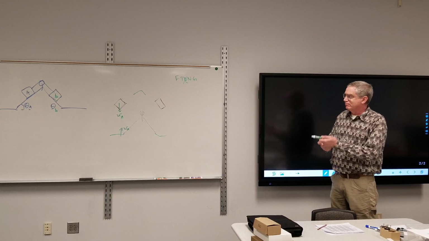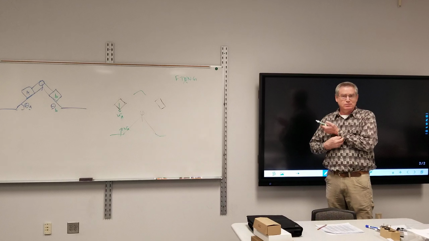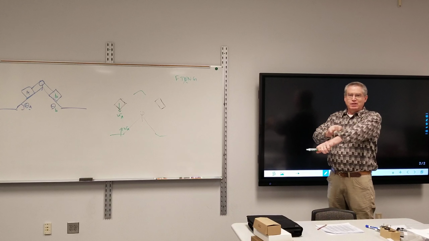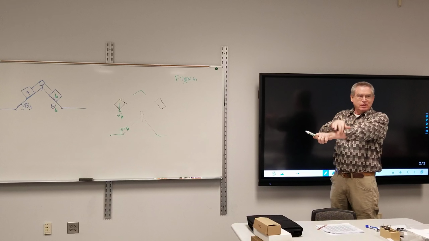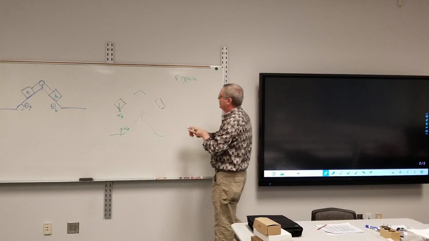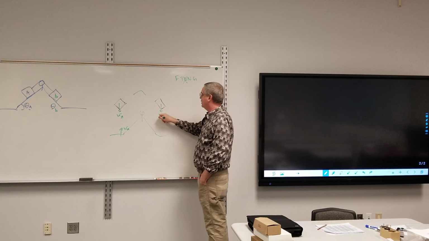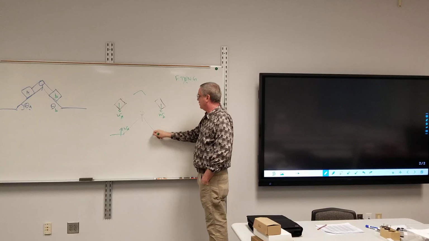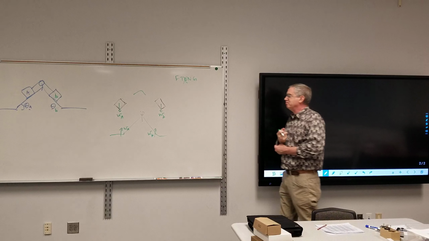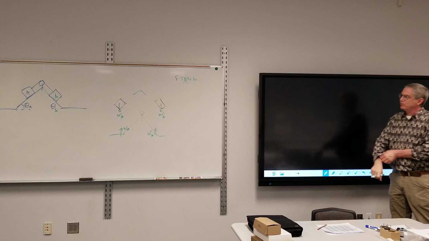All right, one down. Same thing on box B. Gravity's pulling down, box pulling up. Okay. Anything else with a weight?